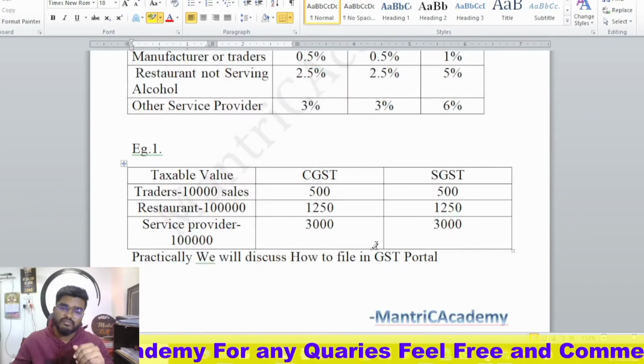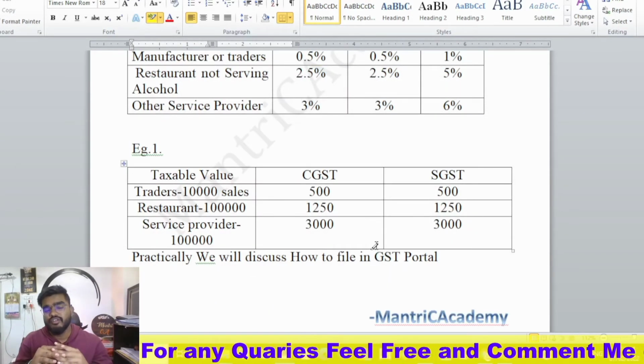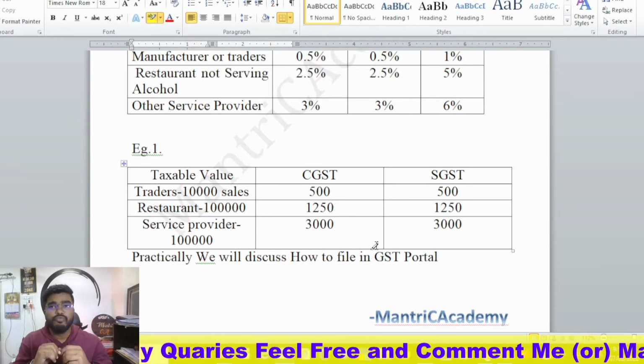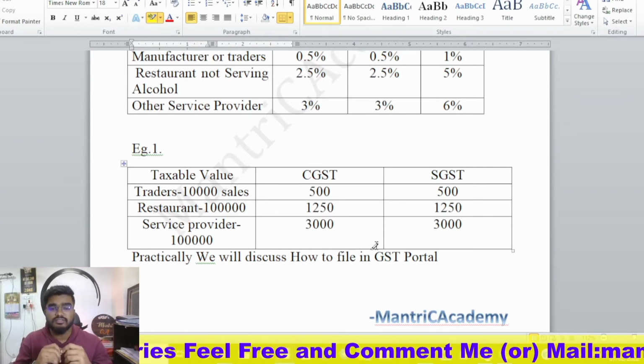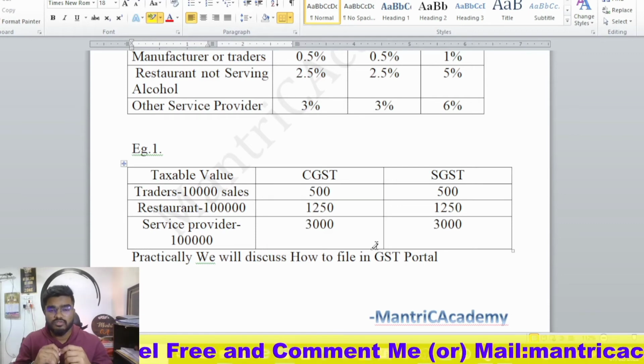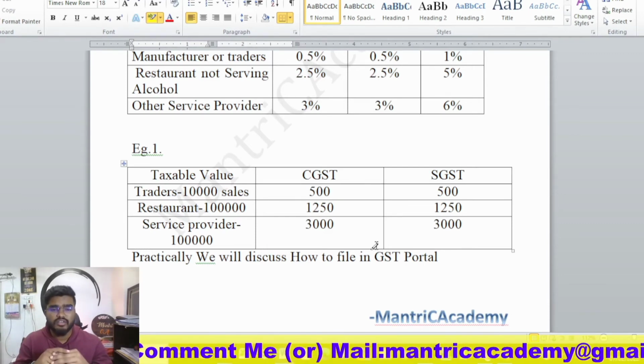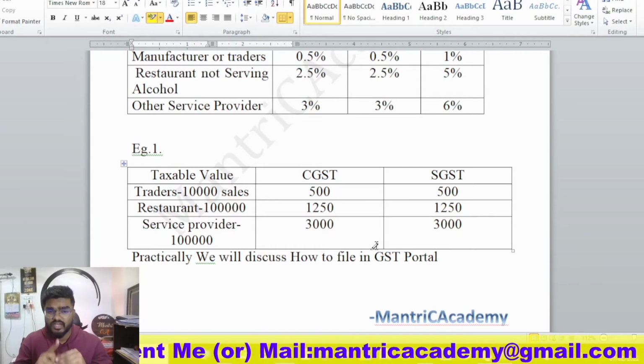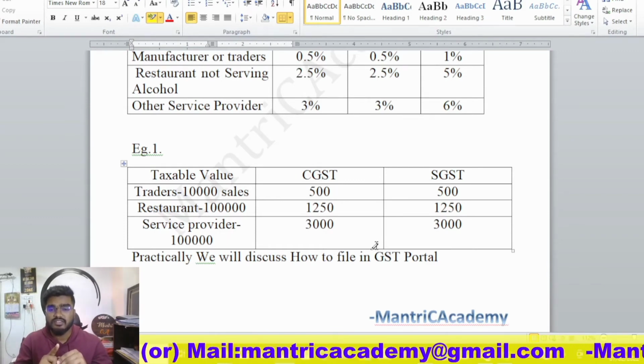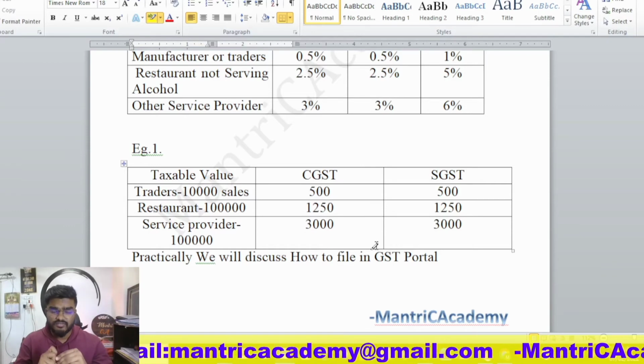Let me discuss a practical example. If you are a trader selling 1 lakh of goods in a quarter, for example the October, November, December quarter, you have to pay 1% of 1 lakh. That implies CGST 500, SGST 500.